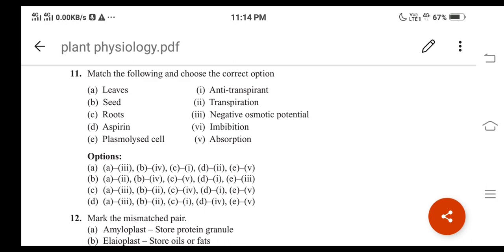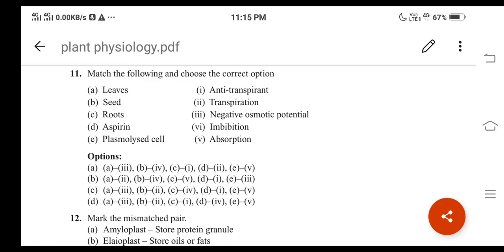Try to understand what anti-transpirant means here. Anti-transpirants are the compounds applied to the leaves of plants to reduce transpiration, so we call them anti-transpirants. The different examples are phenyl mercury acetate, PMA, and ABA, abscisic acid, as well as aspirin. These are the three important chemicals or compounds which inhibit the transpiration process.